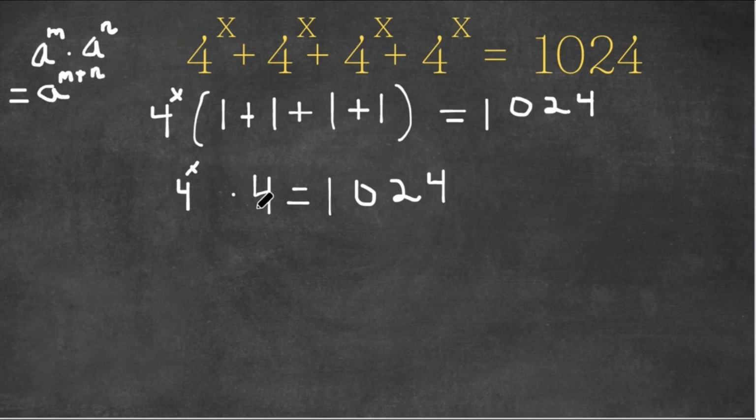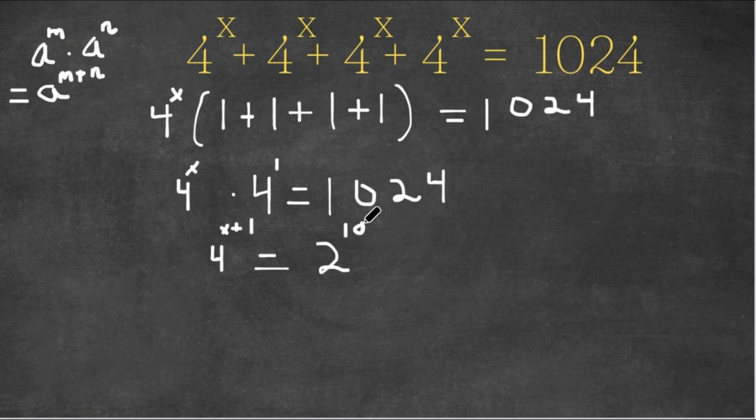So 4 to the power of x times 4 to the power of 1, because 4 is equal to 4 to the power of 1, is going to be equal to 4 to the power of x plus 1, because x in this case is m and 1 is n. And this is equal to, I'm actually going to rewrite 1024 as 2 to the power of 10.